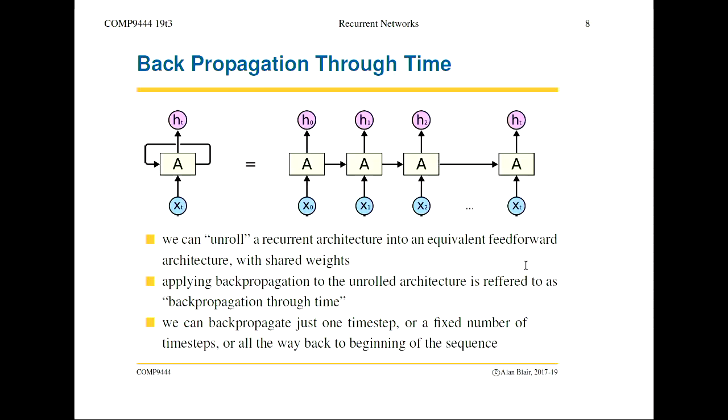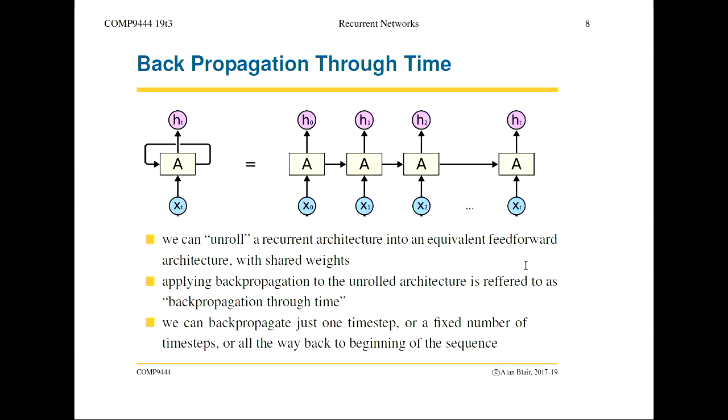So then the question becomes, how do we train a network like this? The answer is we use what's called backpropagation through time. If we know the length of the sequence, we can unroll this network into a feed-forward network. This is called a recurrent network. Recurrent means running back into itself.